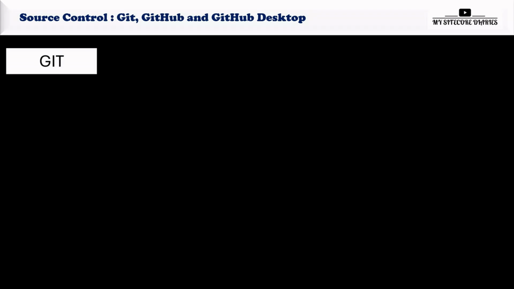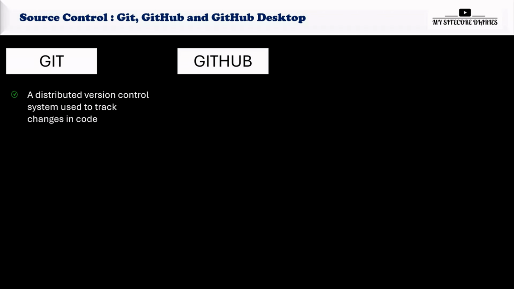First, we have Git. Git is a distributed version control system, meaning it helps developers track changes in code locally and independently. Now moving to GitHub.